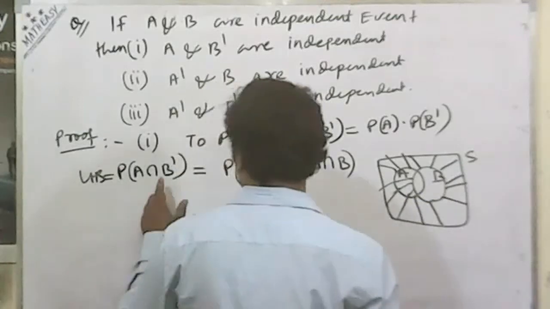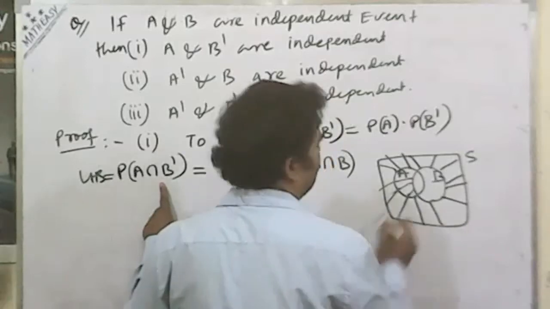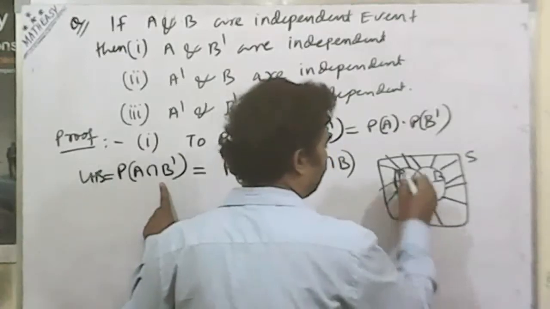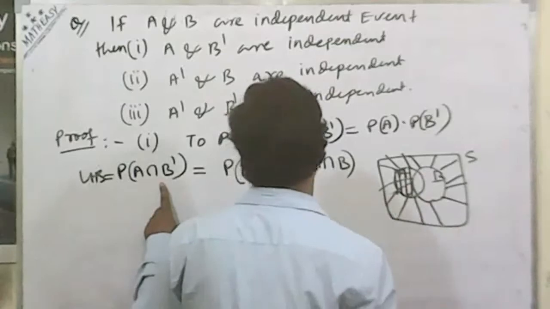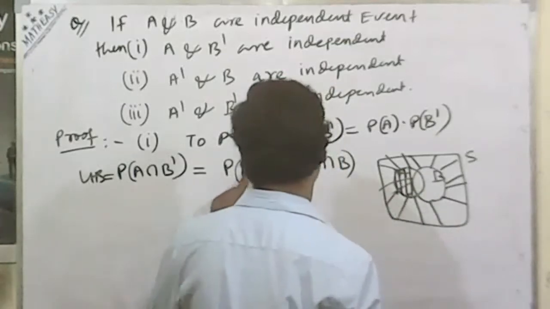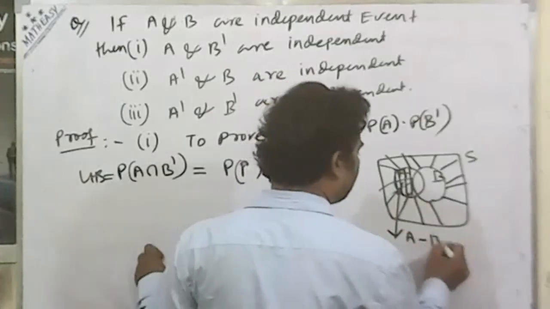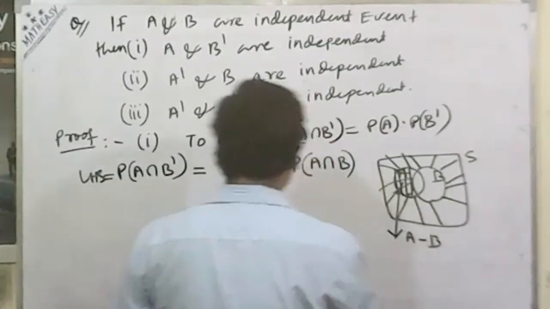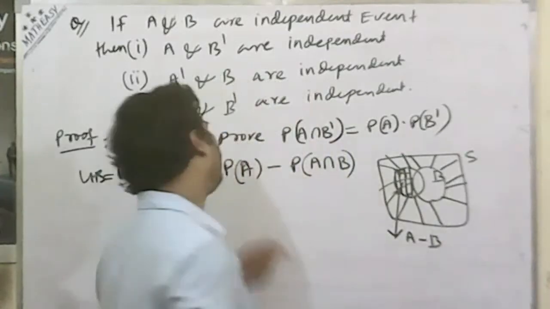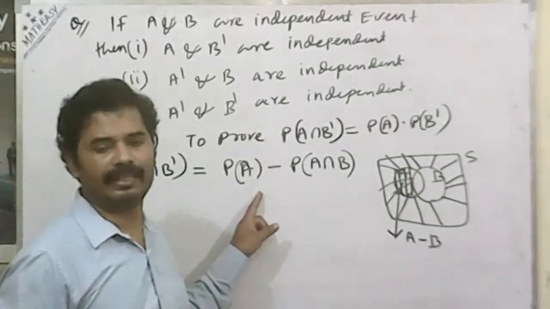Now, A intersection B dash, it means this region. So that it is A minus B, means probability of A minus probability of A intersection B.